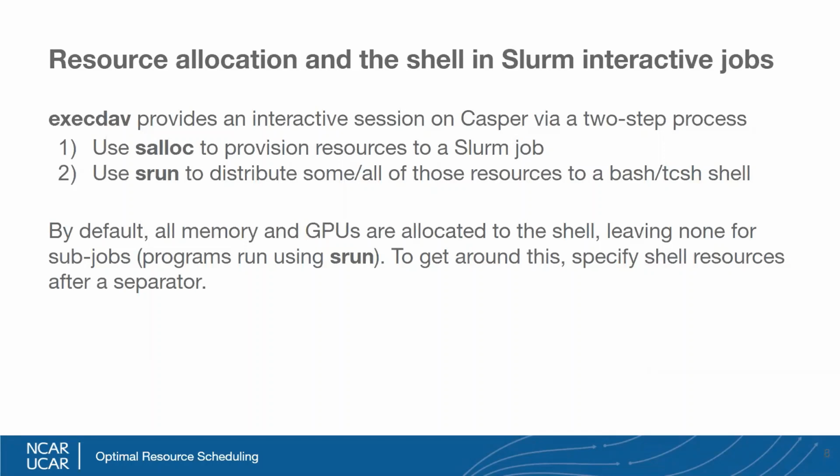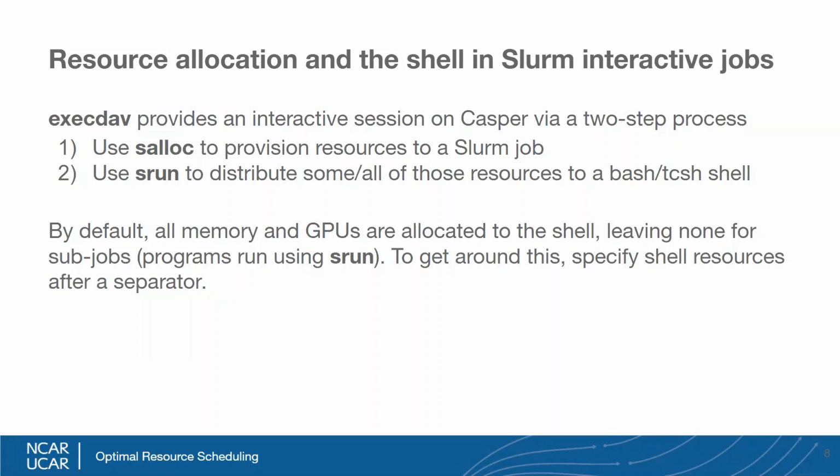So for resource allocation and the shell in interactive Slurm jobs, this is one of the more complicated things in terms of being aware of your resources. We have the script execdav, I'm sure you've probably all used it, and it simplifies the process of provisioning an interactive session on Casper, which happens behind the scenes in a two-step process.